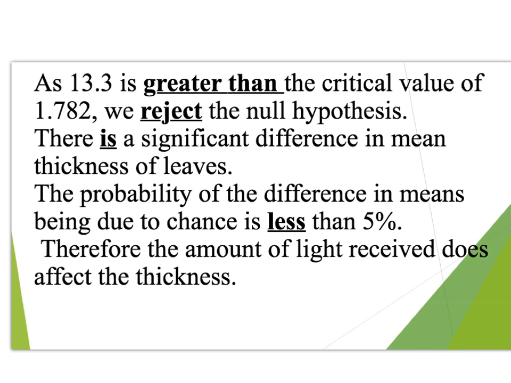Therefore, the amount of light received does affect the thickness. Link it back to the question in a final statement. Out of those 4 points, this one is perhaps the most important one: that if you reject your null hypothesis, the probability of the difference being due to chance is less than 5%. You will use that statement an awful lot.